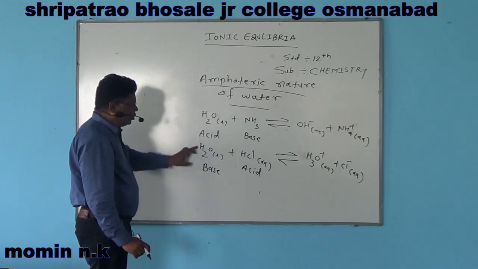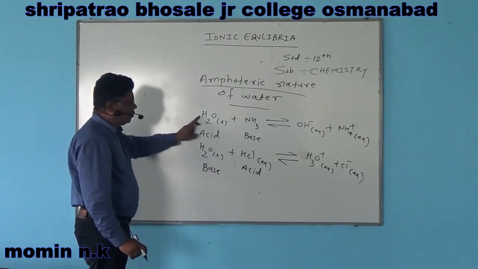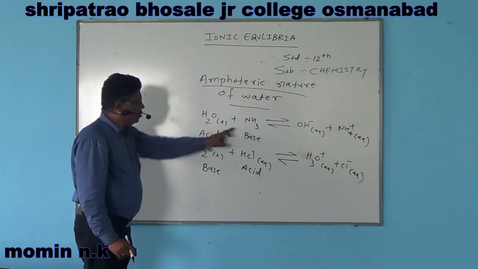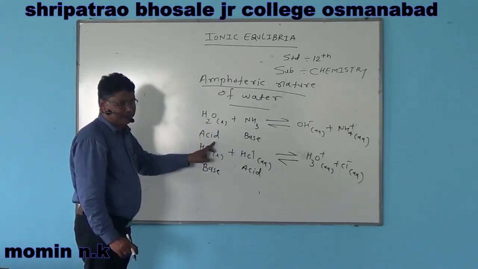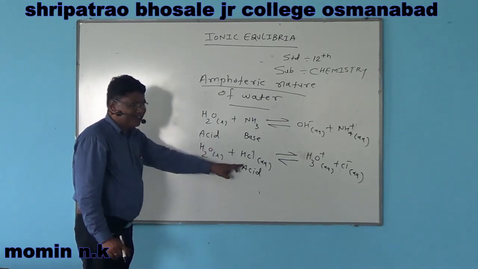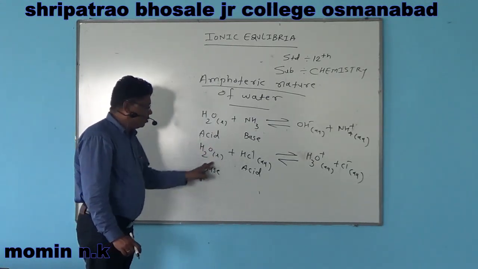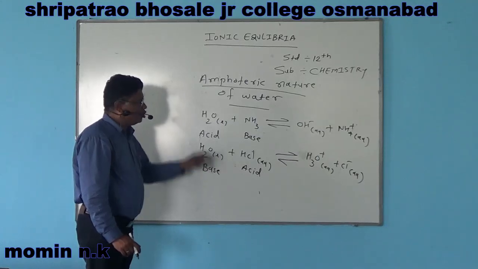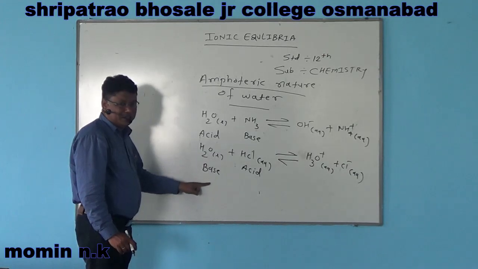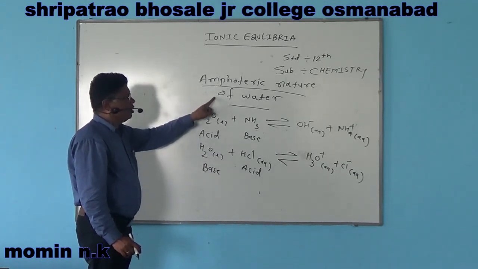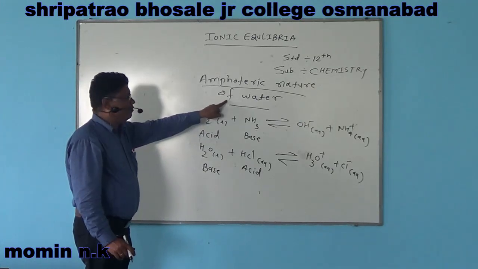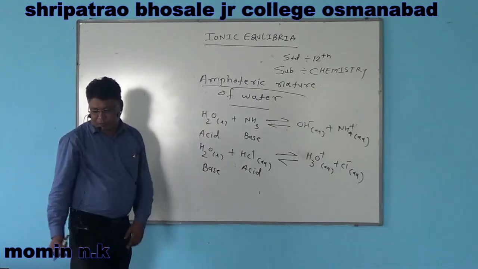From these two reactions, it is clear that in the first reaction of water with ammonia, water acts as acid, and in the reaction of water with HCl, water acts as base. So the ability of water to act as both acid and base is called the amphoteric nature of water.